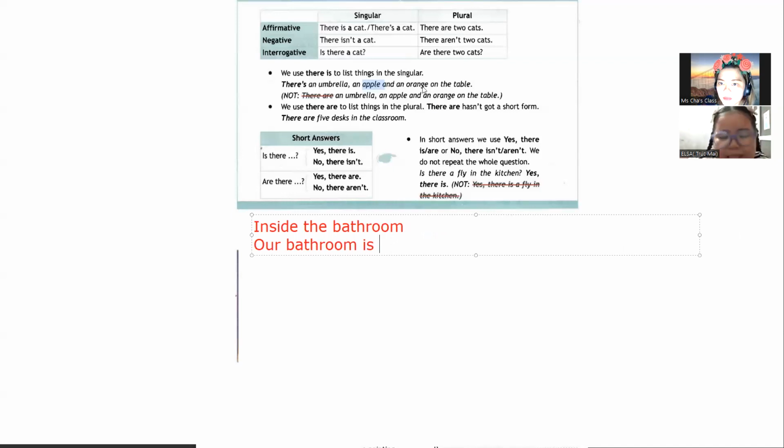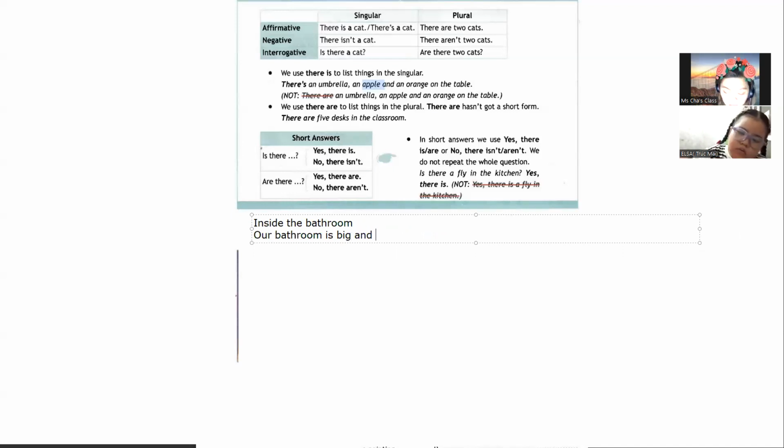Our bathroom is... Is it big? Is it clean? Is it new? It's big. All right. And brown. What do you do in the bathroom?